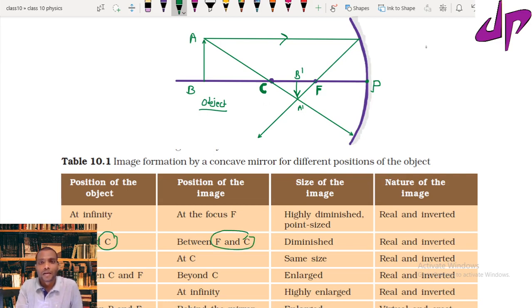Here A dash B dash is the position of the image, and the size of the image is diminished, meaning small in size, and the nature of the image is real and inverted. Here we can see the arrow mark has gone down. This is because the image formed here is real and inverted. So this is the second case, if the object is beyond the center of curvature.